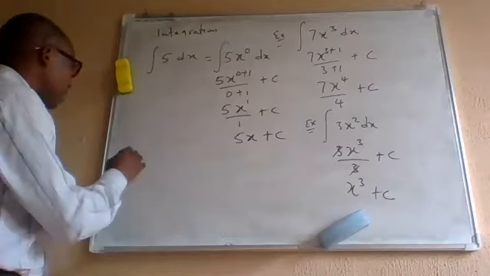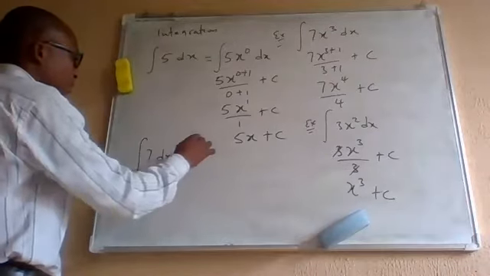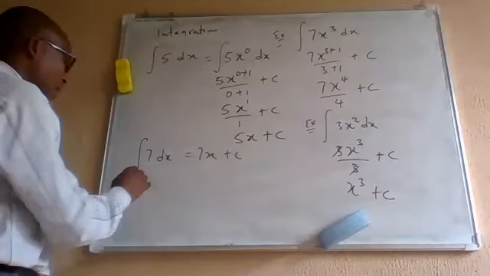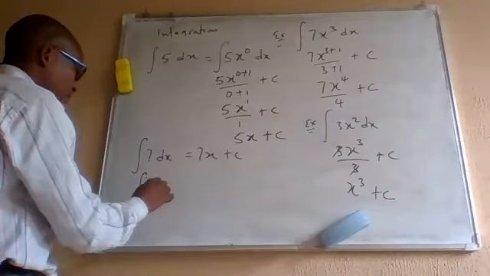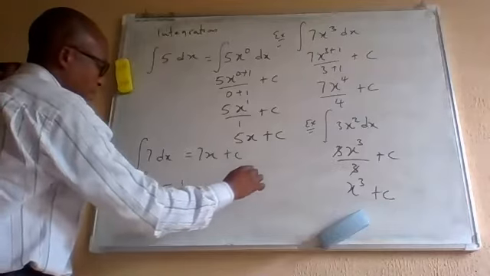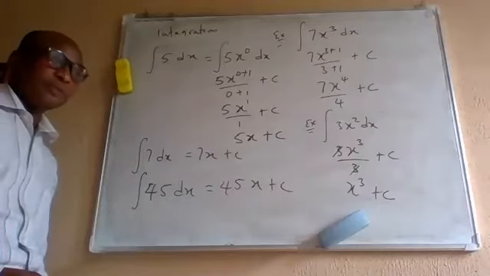So invariably, if we are asked to integrate 7 ds, this will give you 7s plus c. If we are asked to integrate, let's say, 45 ds, this will give you 45s plus c. So that is integration for you.